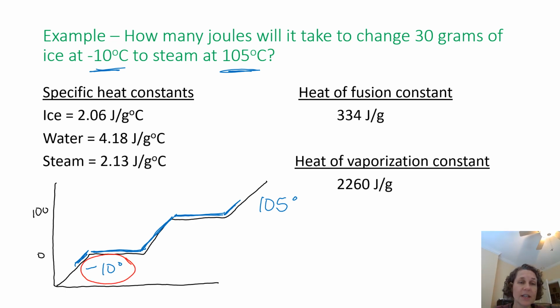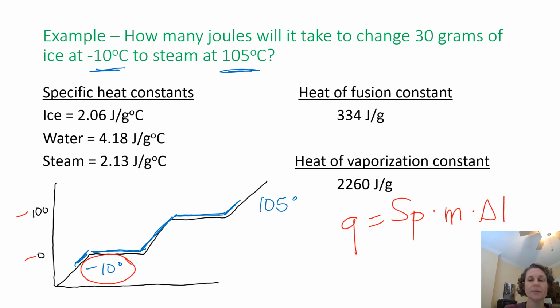First of all, we're starting at -10. Water freezes or melts at 0 degrees and boils or condenses at 100 degrees. Those are my other 2 points that I wrote on here. But we're going, first of all, a first step from -10 up to 0. And that is our first formula. The Q is SP times M times delta T.